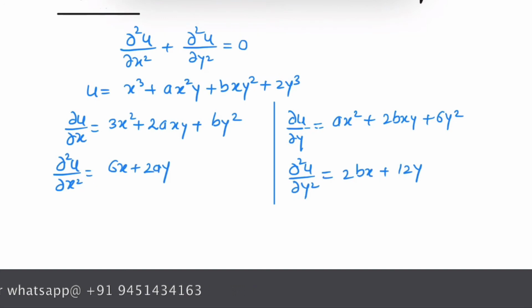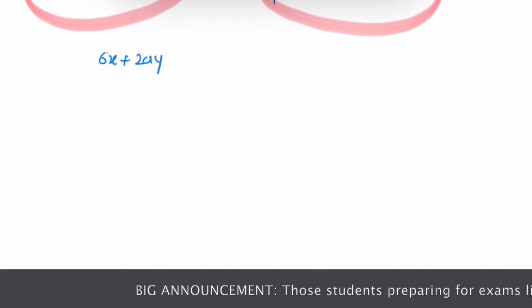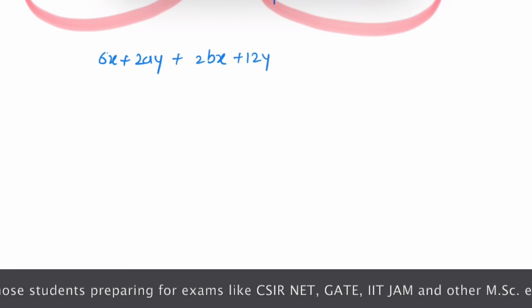Now let's substitute these values into this equation. On substituting we have 6x + 2ay + 2bx + 12y = 0.